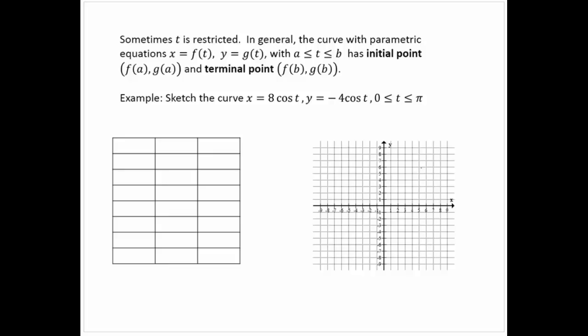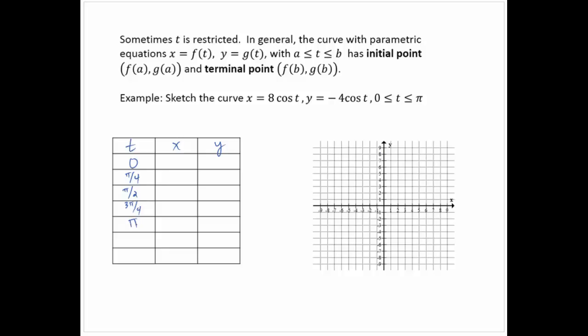So let's consider the curve x equals 8 cosine t, y equals -4 cosine t over the interval 0 to pi. As I did before, I'll set up a chart with t, x, and y, and I'll choose a few values for t. So how about 0, pi over 4, pi over 2, 3 pi over 4, and pi.